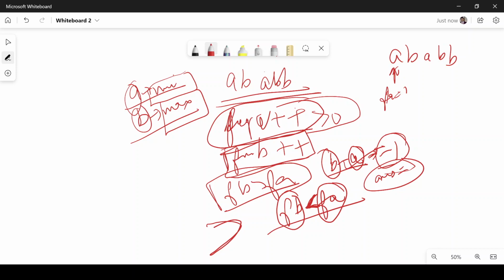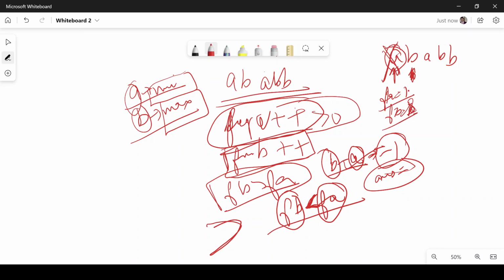So it's 1 and it's 0. Now you see that the frequency of a is greater than the frequency of b, but we want the frequency of b to be greater than the frequency of a, right? So we can discard this part.